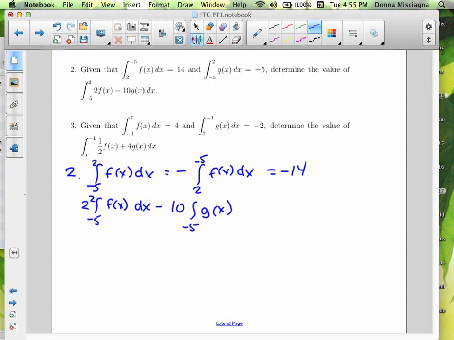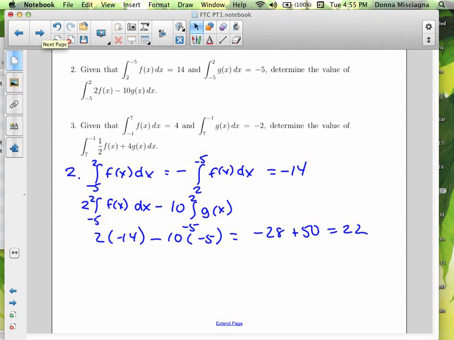This is from -5 to 2. All right, so that's going to give us 2 times -14 minus 10 times -5, which is -28 plus 50, or 22. Right? So it's just using our properties here.